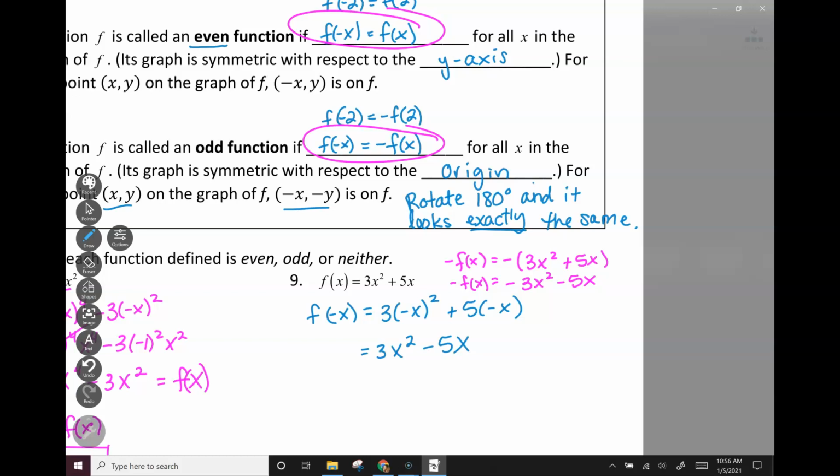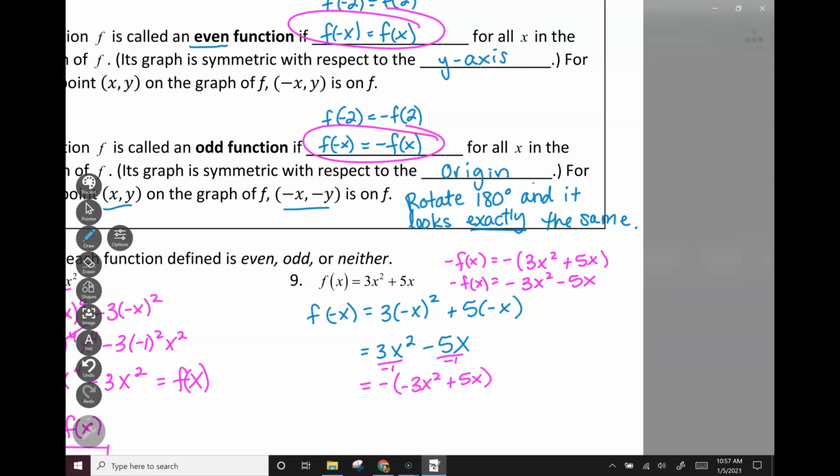Another way that you could determine whether it's odd is you could factor a negative out. So if I divide both terms by negative 1 and put that negative on the outside, so think of it as like your GCF is negative 1, you're dividing both terms by negative 1 and moving that negative 1 to the outside, that would be negative 3x squared plus 5x.